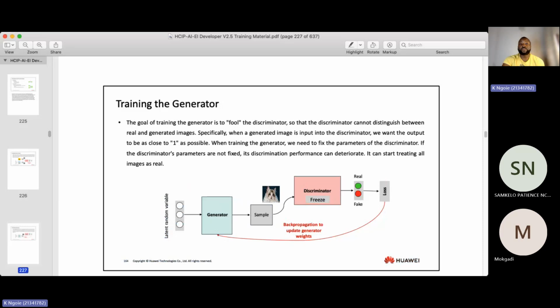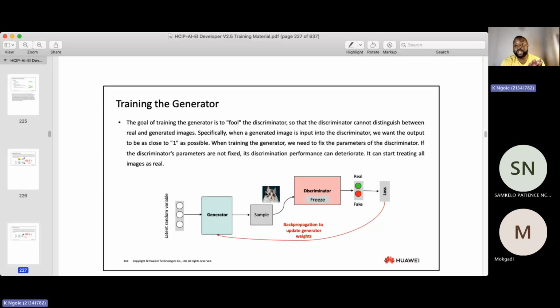So the training steps will be: we generate fake data. Take a batch of random noise vectors, pass them through the generator to get the fake images, and then evaluate the fake images by feeding them to the discriminator. The prediction should be close to one.